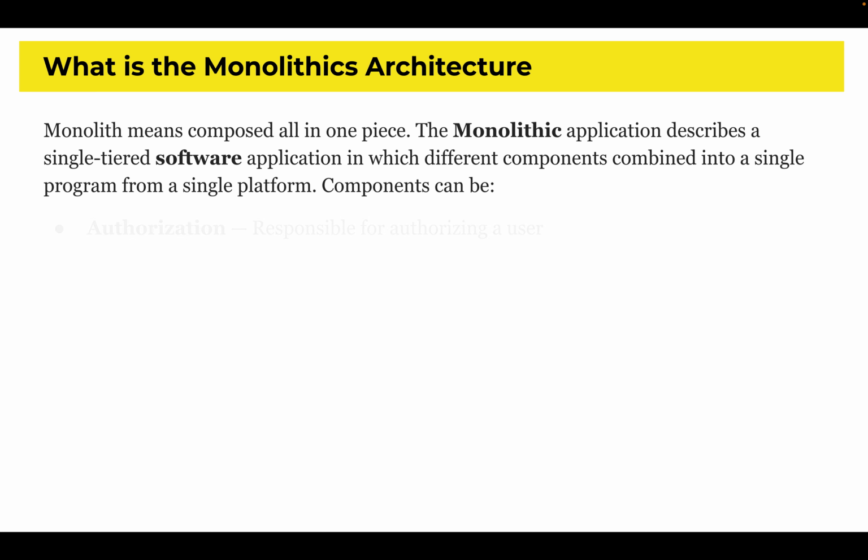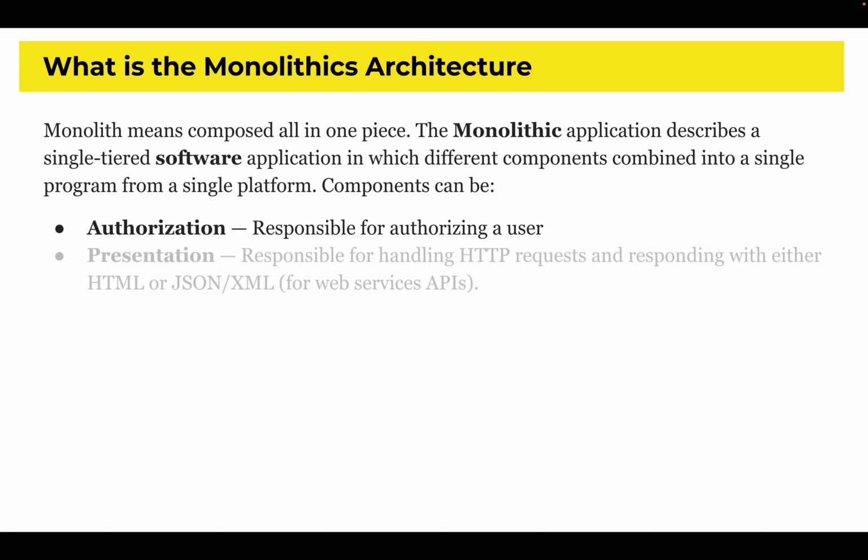As I said, there are components categorized by features, like authorization, which is responsible for authorizing users. We can also put presentation, like HTTP requests and responses in HTML, XML or JSON format. Suppose you are going to create a web API, then you need to return the response in JSON or XML.